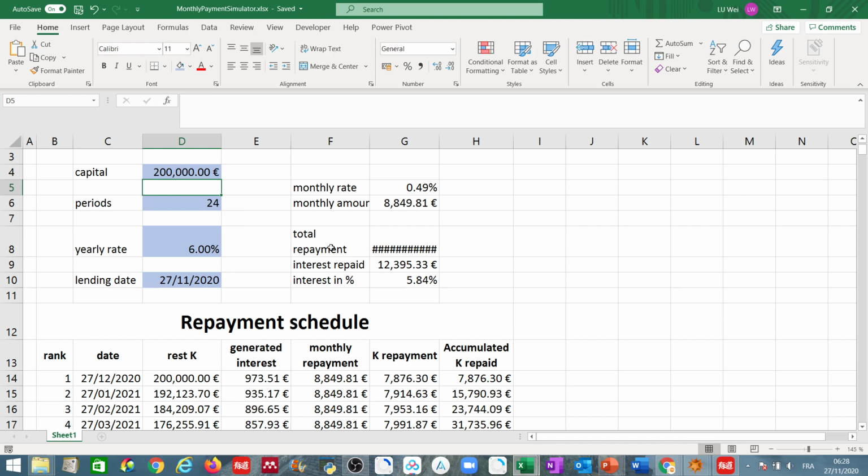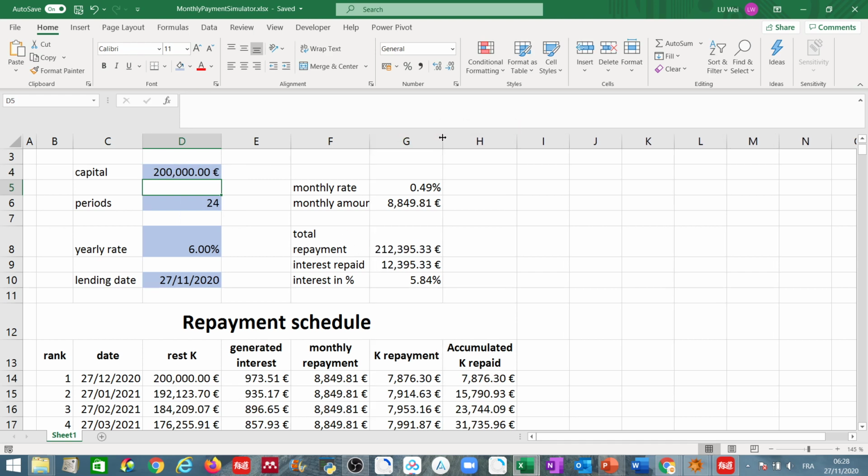Oh, it's too narrow for the total payment, so we have to enlarge this column a little, and then the total repayment, like this. And of course it's difficult to repay the loan in just 2 years to buy a big house.